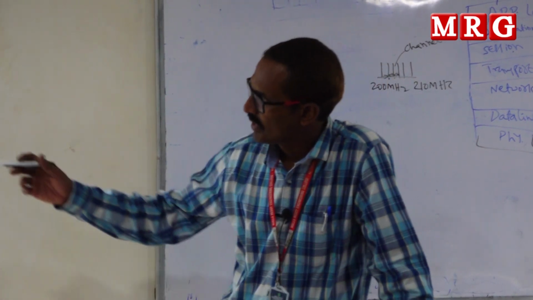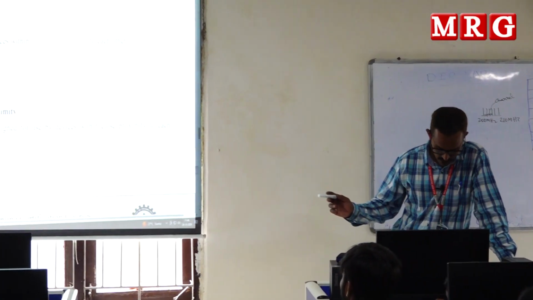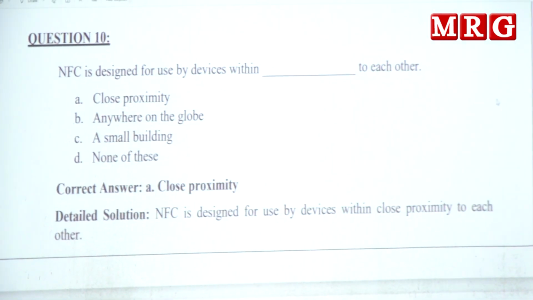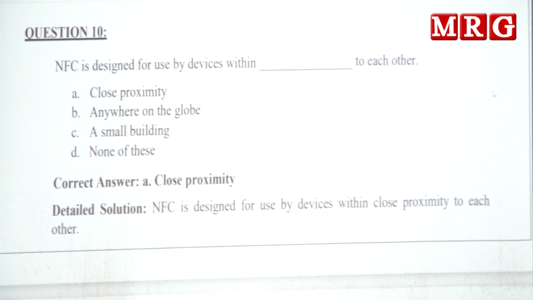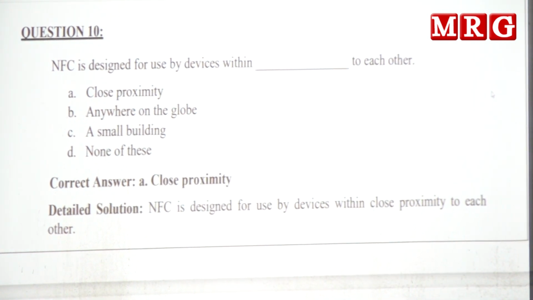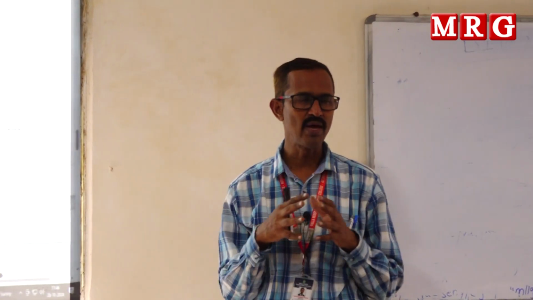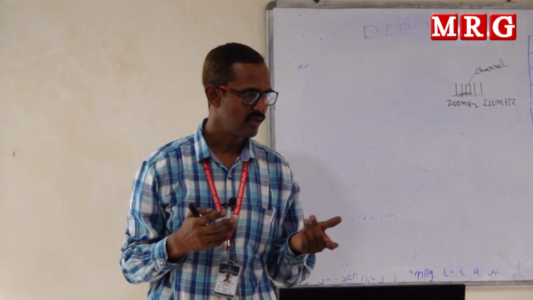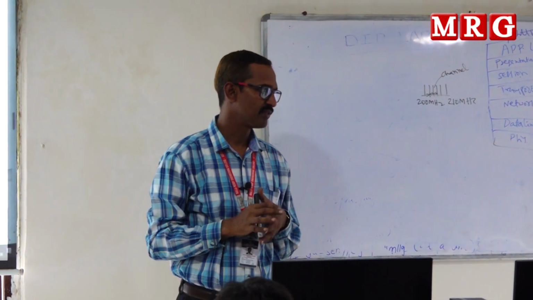Okay. Next, NFC. NFC is also another protocol. NFC is designed for use by devices within a very small distance, very close by. NFC means near field communication. Even Bluetooth works only up to some distance, but if the devices are very close, use NFC.